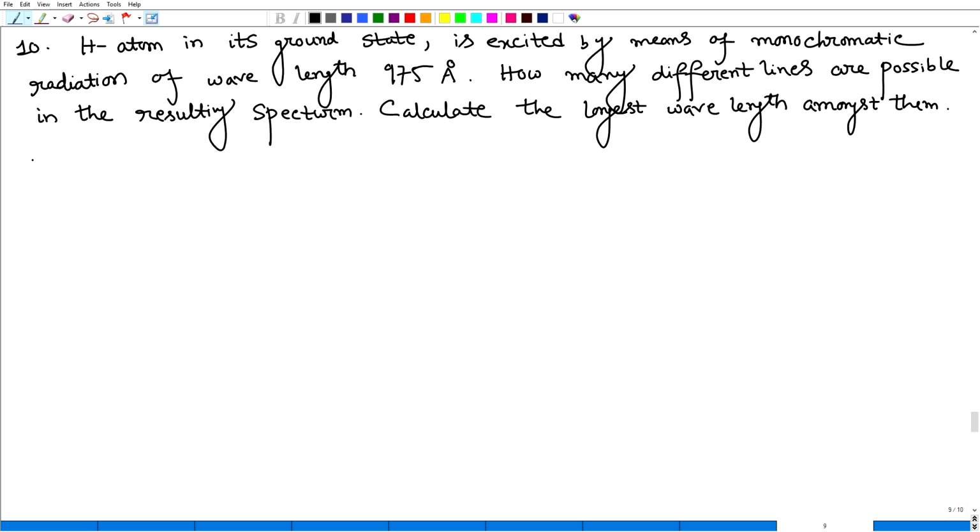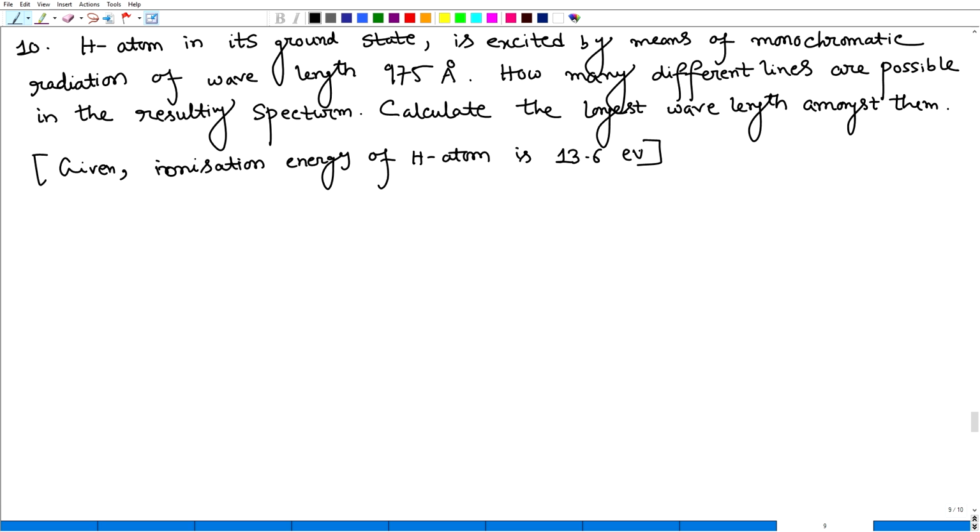Now what is given here? Ionization energy of hydrogen atom is 13.6 electron volt.